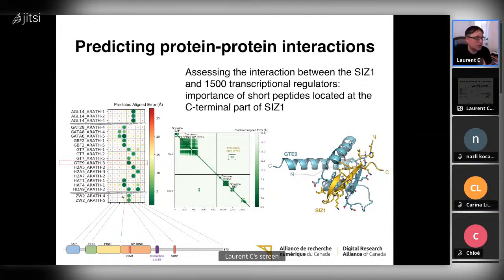Then we can look at the complete PAE, see where this interaction occurs, and then we can have a look at the structure, and then we have a judgment call to say whether this looks real to us or if it may be a less good prediction.